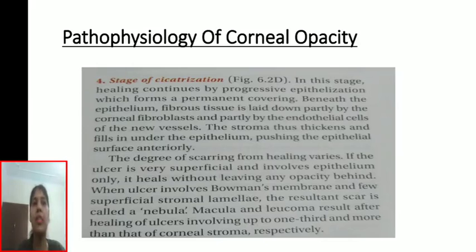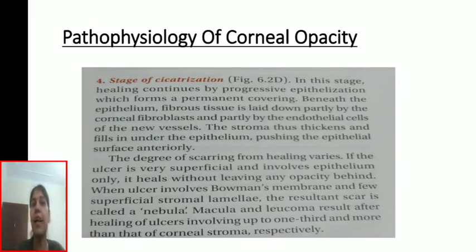Fibrous tissue is laid down partially by the corneal fibroblasts and partially by the endothelial cells of the new vessels. The stroma thus thickens and fills in under the epithelium, pushing the epithelial surface anteriorly. The degree of scarring from healing varies.